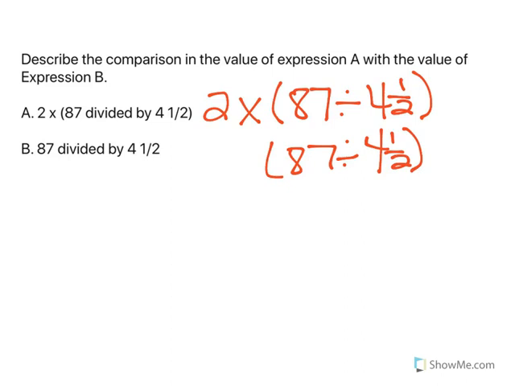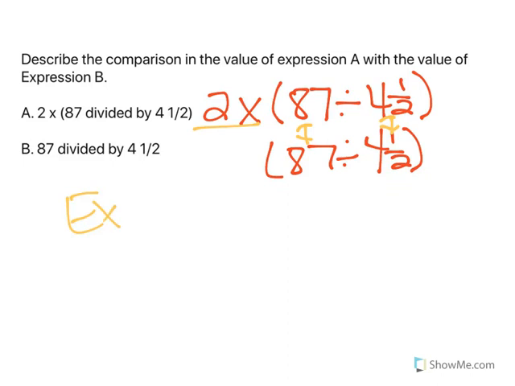So if we look at these, they're using the same numbers. The only difference is that in expression A, after you do what's in the parentheses, you need to multiply that by 2.